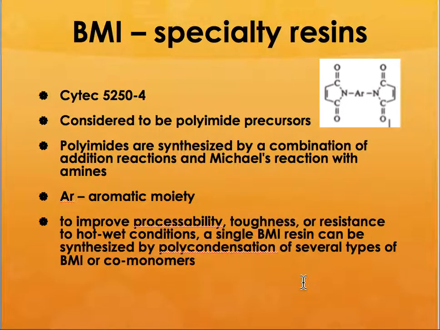Especially BMI, they have very high temperature and very high curing temperature, like the processing temperature is around 450 degrees centigrade, and at room temperature it is solid, so you have to heat it up in order to even infuse it into the fiber reinforcement itself.